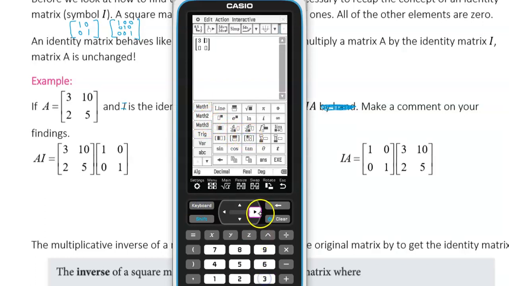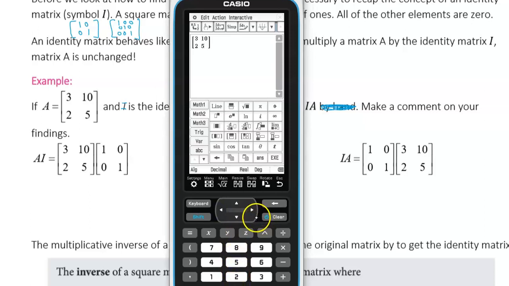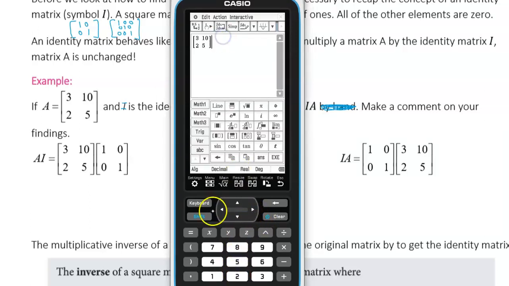I'm going to go 3, 10, 2, 5, and then multiply it by the identity matrix. There we go. And press enter.